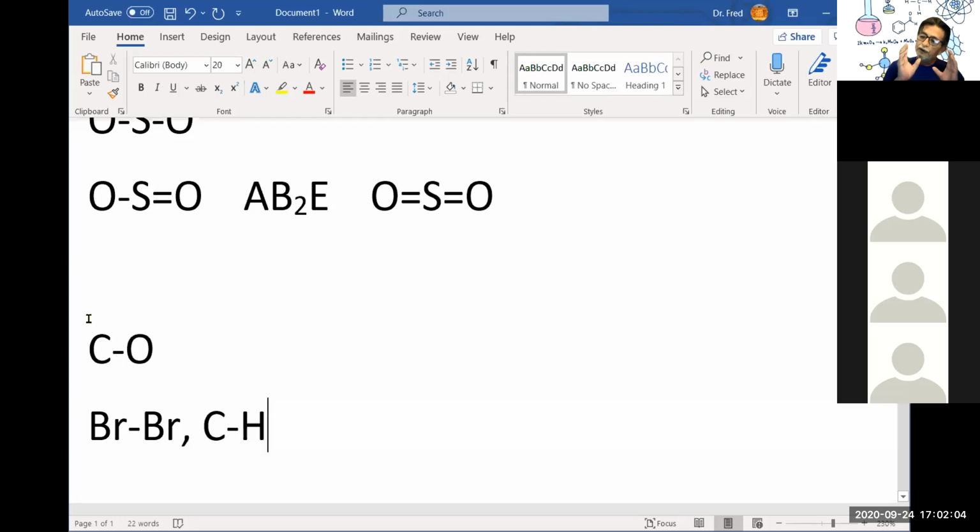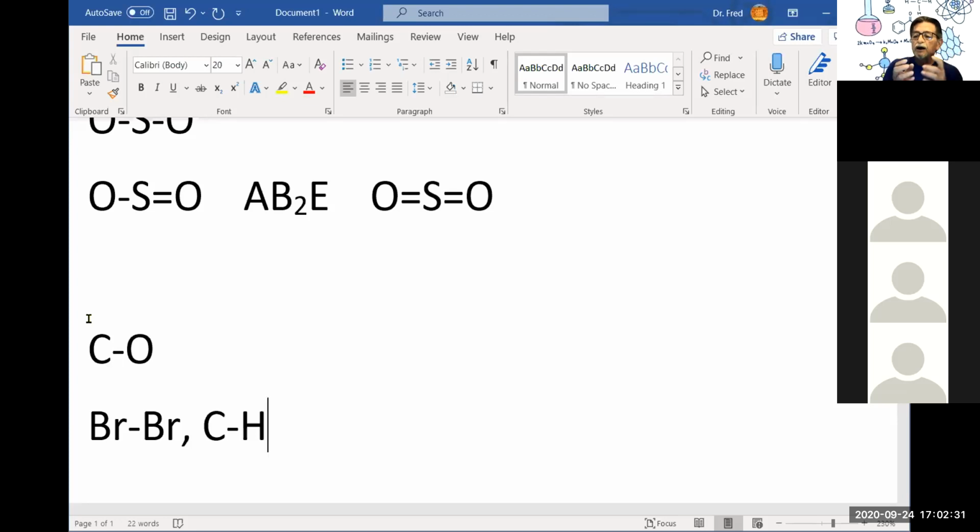Now in covalent bonds, which is what we have here between two nonmetals, there are two types of bonds, which we can describe right now. One is equal sharing. That would be bromine and bromine, because they're both the same element, so the electrons between the two bromines are being shared equally.